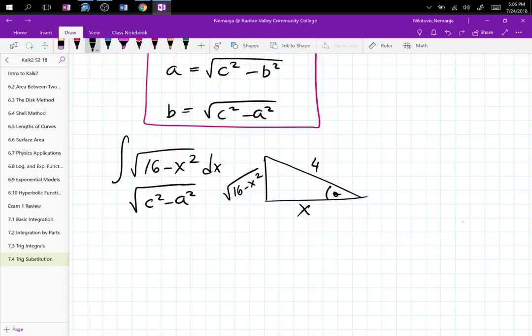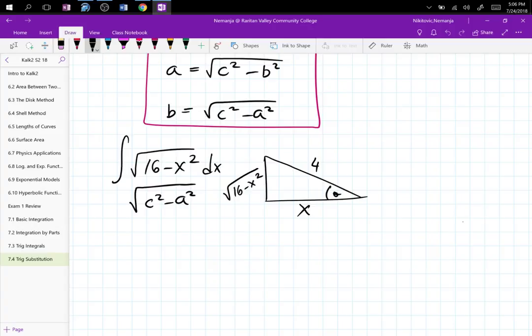Since the 16 was the first number and it was a minus, 16 is guaranteed to be the hypotenuse squared. So if the hypotenuse squared is 16, then the hypotenuse must be 4. The minus x squared tells you that the first number is the hypotenuse squared and the second number is one of the legs squared.